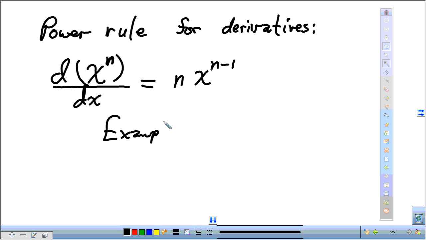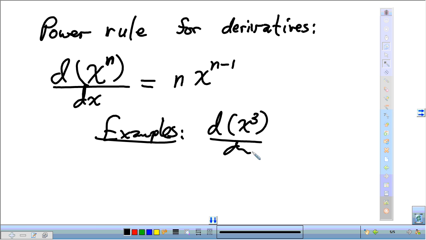So now, things like the derivative of x cubed will be 3x squared.